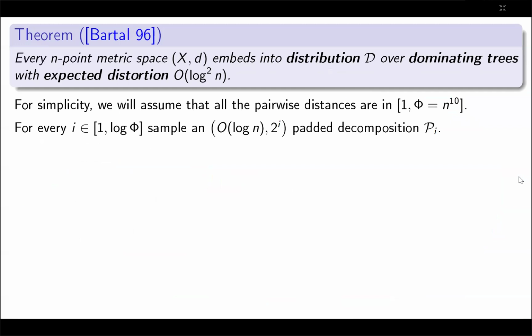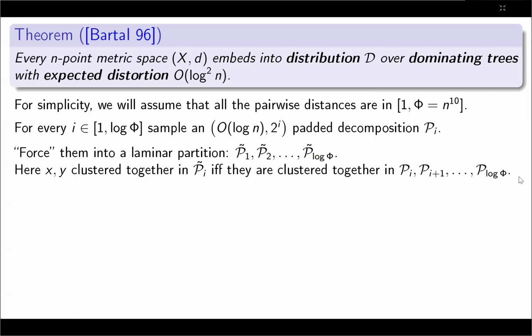Now for every possible scale between 1 and phi, the maximum distance, we sample a Padecki decomposition, scaled to the scale, with Padecki parameter log n. You know how to do this. And so we get log phi, log of the aspect ratio, different partitions.